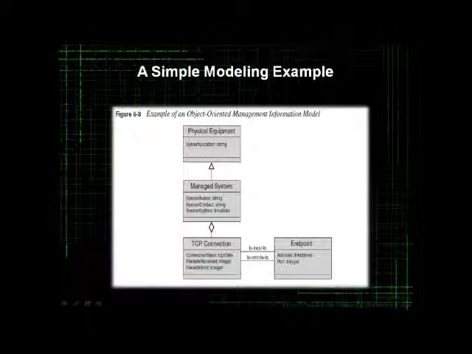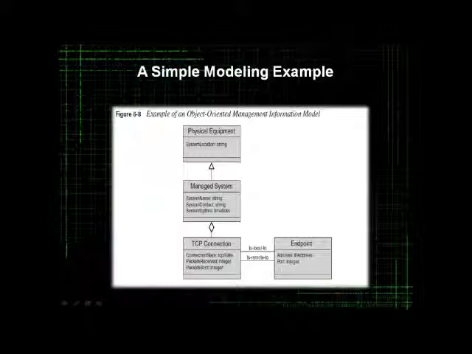The managed system is derived from a superclass, denoted by the line with the arrow, physical equipment, which has another attribute that managed system inherits, system location. Objects of the class managed system can contain objects of another class, TCP connection, denoted by the line with the diamond. TCP connection has more attributes: TCP connection state, packets sent, and packets received.